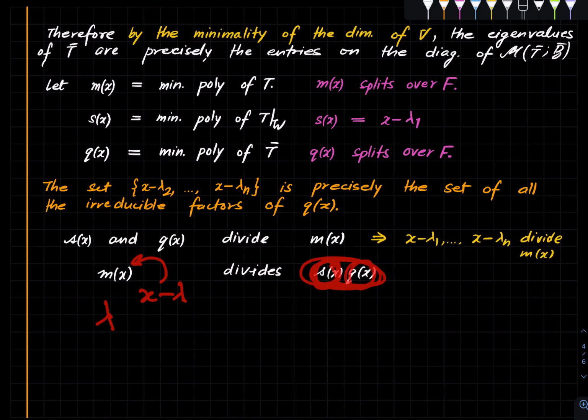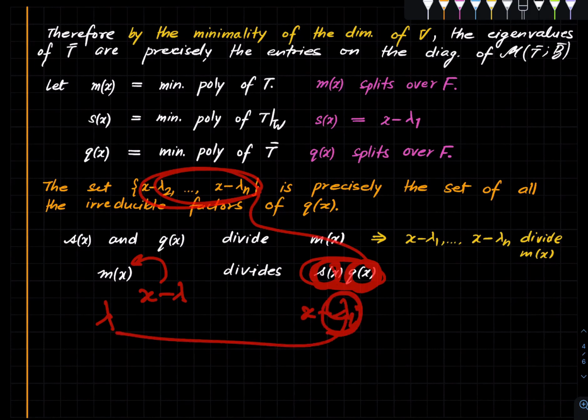If it divides Sx, then x minus lambda is equal to x minus lambda 1, and hence lambda is equal to lambda 1. If x minus lambda divides Qx, then it has to divide one of the irreducible factors of Qx, right? And hence it has to be equal to some x minus lambda i, which again forces that lambda is equal to lambda i for some i.